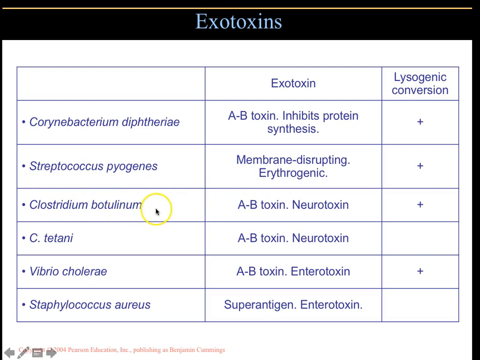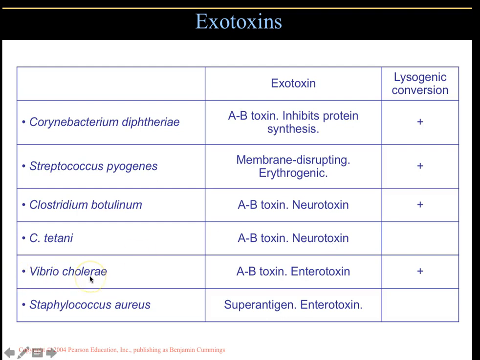Clostridium botulinum, fatal food poisoning. It produces a neurotoxin. Clostridium tetani, that's stepping on a rusty nail, better make sure that your tetanus shot is up to date. And that can kill by a neurotoxin that tetani produces that creates lockjaw.